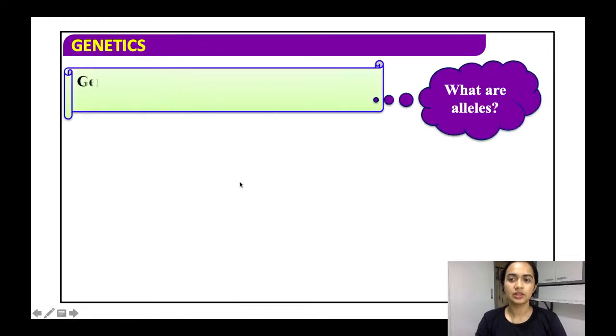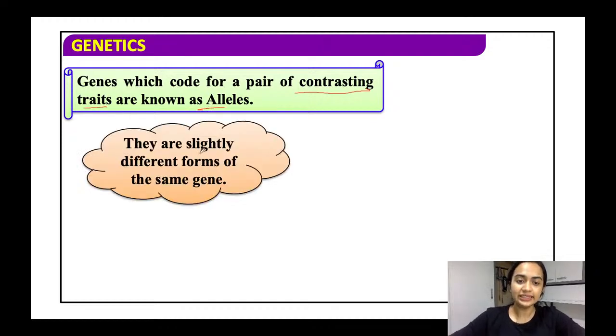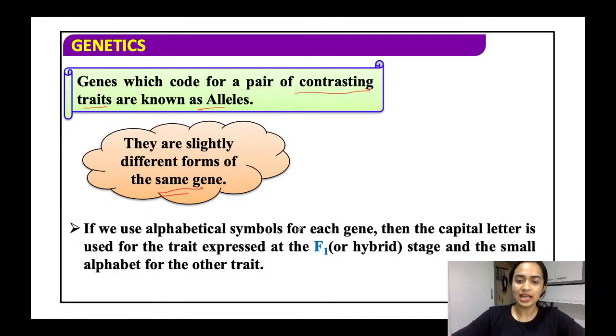homologous. What are alleles? Genes which code for a pair of contrasting traits are called alleles. They are slightly different forms of the same gene, and we use alphabetical symbols for each gene. A capital letter is used for a trait expressed in the F1.